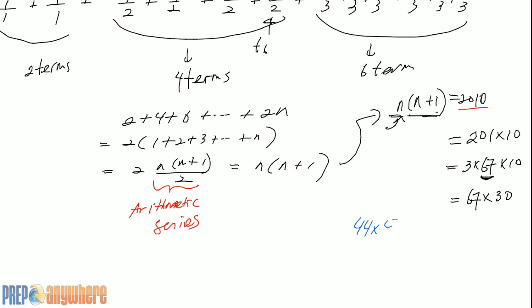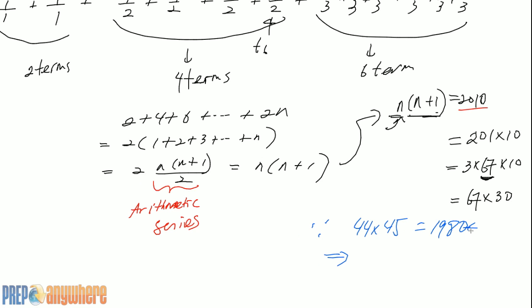So 44 times by 45 is 1980. That means n is what? Since this is the closest to this, the best n we can pick is 44.